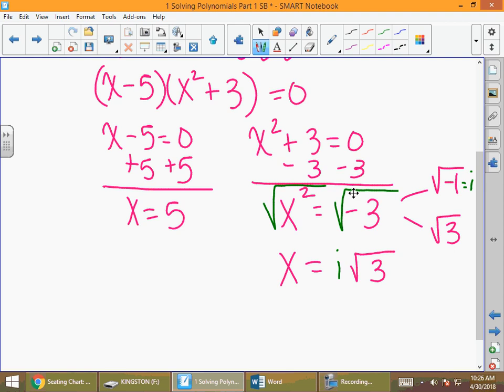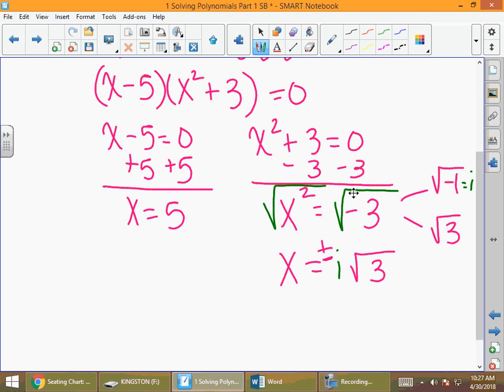The other thing that we need to remember is that positive times positive is positive, and negative times negative is also positive. We need to take into account that this answer could be either positive or negative. And that's where the other two roots are.